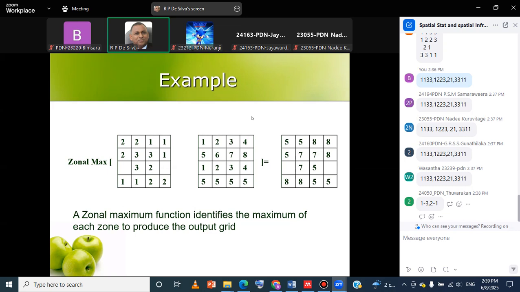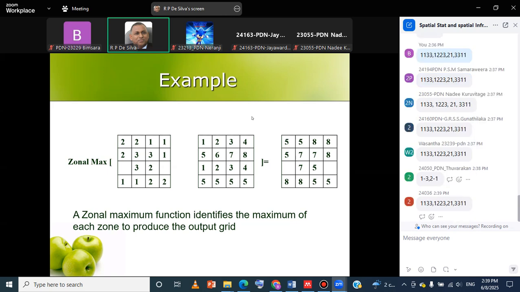And zone 3, you have only 3 cells. This is the lowest value, 2. Zonal min is 2, so all 3 cells should be filled with value 2. So you have the new layer having values 1 to 3: zone 1 having value 3, zone 2 having value 1, zone 3 having value 2. Okay? Any doubts?